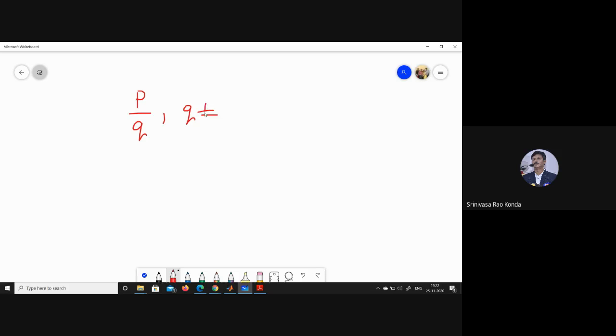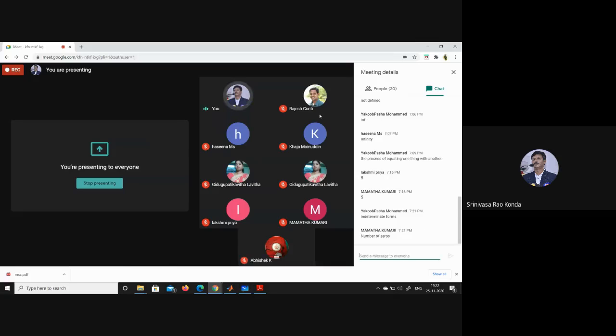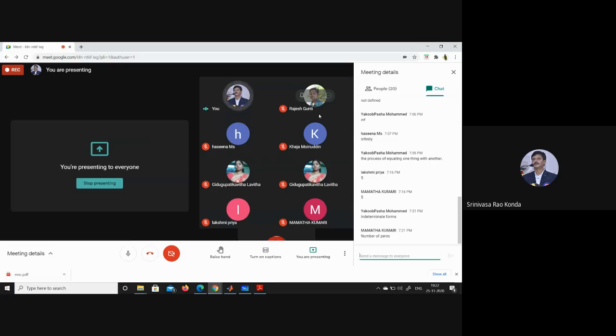This number is valid if and only if q is not equal to 0. The numbers which are in the form of p by q, q not equal to 0, p, q integers, are called rational numbers. So this is a very important condition. Okay, with this brief introduction, I am going to plotting techniques.